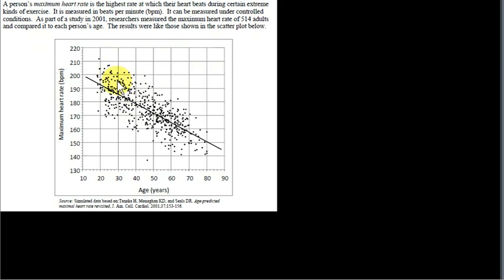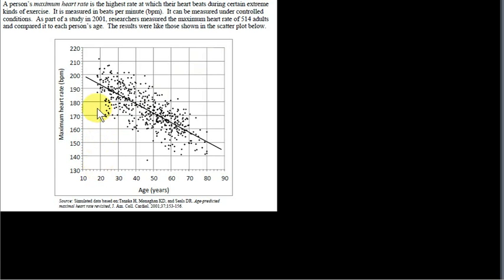So we have 514 dots here in the scatter plot, representing maximum heart rate and age in years of 514 adults in this experiment. For example, this dot here represents an adult whose age is found by projecting down onto the x-axis.